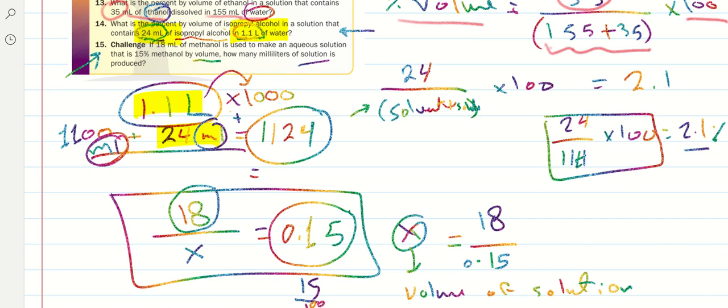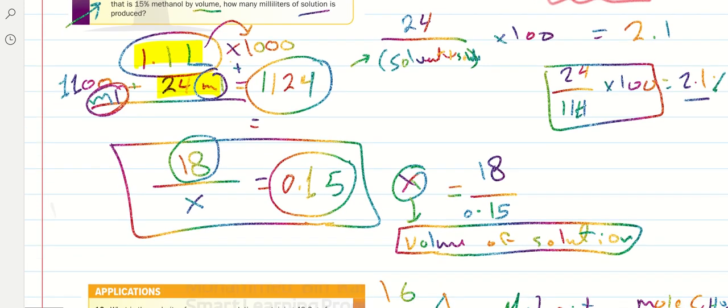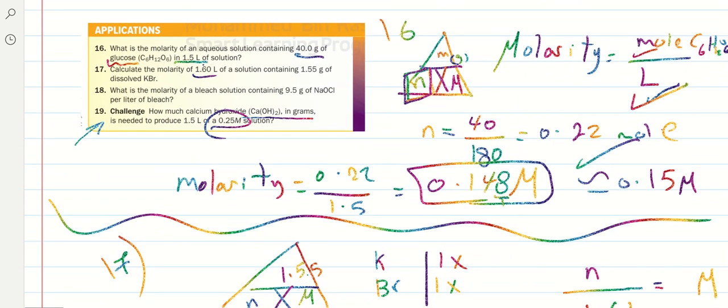So I am going to cross multiply and rearrange my formula to get x, which is the volume of solution, the total. Just use the calculator to calculate it. So we took two examples for calculating concentration of solution. The first one percent mass and the second one percent volume. We fulfilled this learning objective.